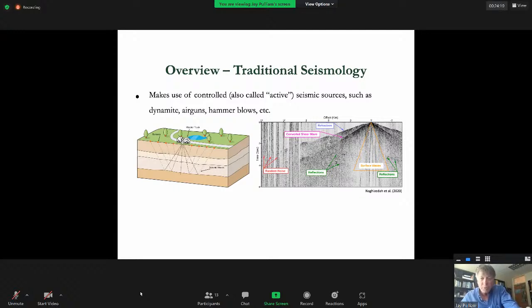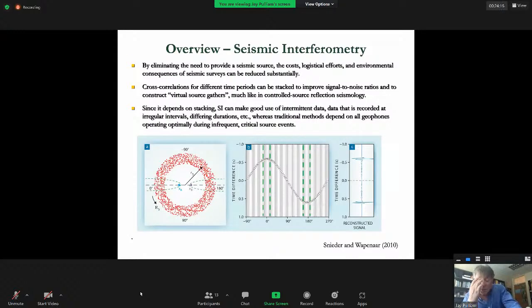So we have a lot of control over how to design the experiment. With seismic interferometry, we don't, because we don't really know anything about the sources. We just put out a bunch of receivers and record ground motion continuously, and then we try to identify the waves that are sweeping across the array and do some processing to improve the signal to noise and use those for imaging.